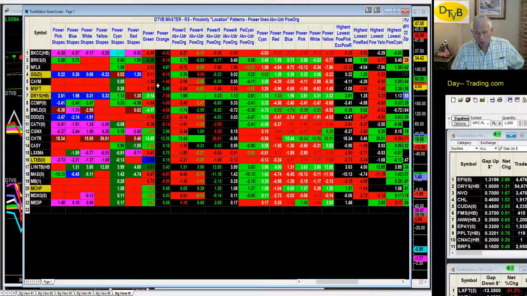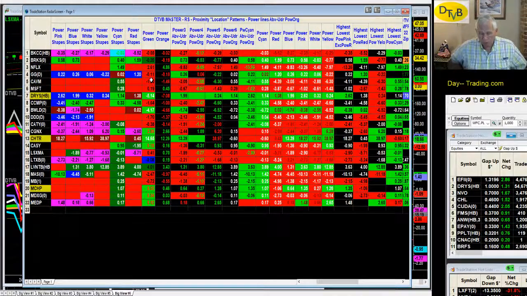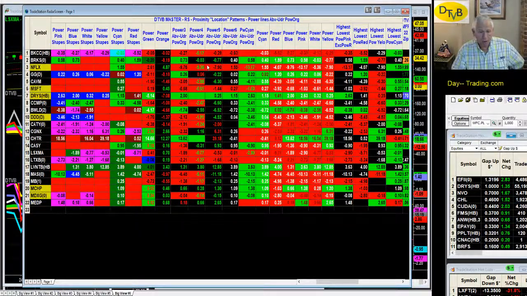A BOC pattern is a dark green box, and a TOC pattern is a dark red box. And the crossover in these two columns is a yellow box, and a cross under is a blue box.